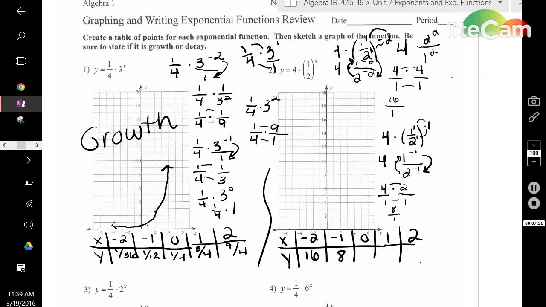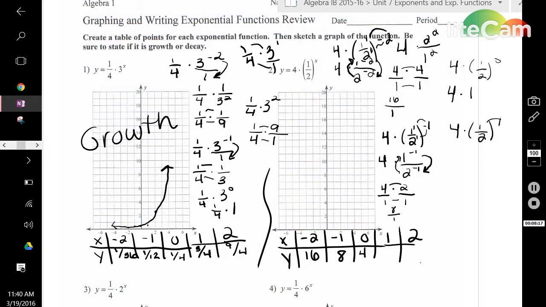If I plug in 0, 4 times 1/2 to the 0. Anything to the 0 is 1. So I have 4 times 1, which is 4. 2 more, so if I plug in the first power, 4 times 1/2 to the 1st.